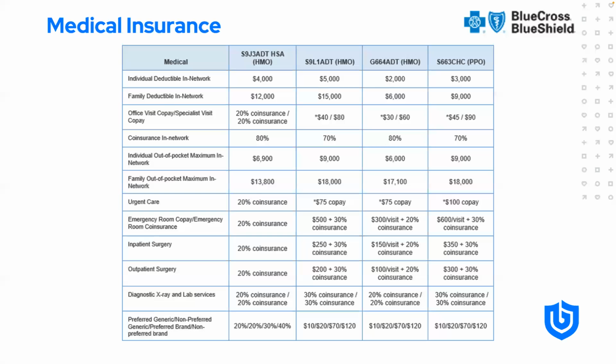Okay, and then I know you said that the HSA can be rolled over every year, but I also remembered that eventually it could be put into an IRA if you didn't use it for health purposes.